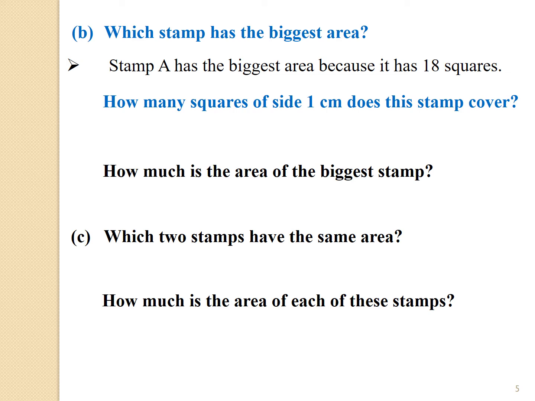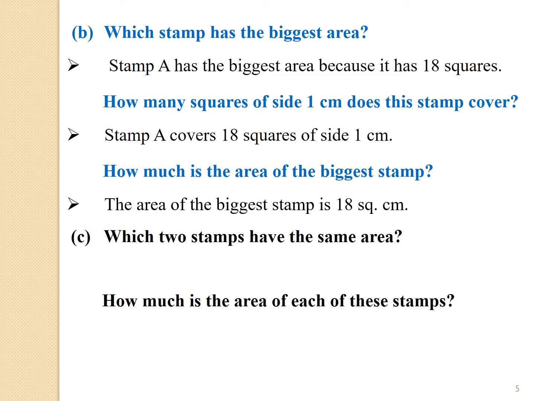Stamp A covers 18 squares of side 1 centimeter. How much is the area of the biggest stamp? The area of the biggest stamp, that is stamp A, is 18 square centimeters as it covers 18 squares.